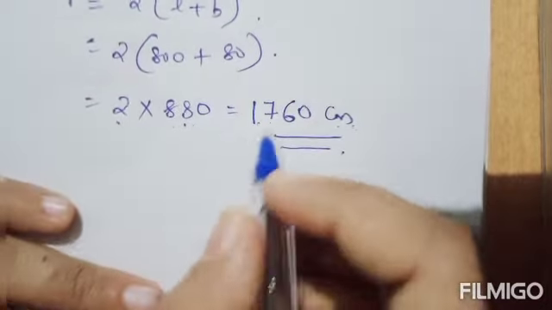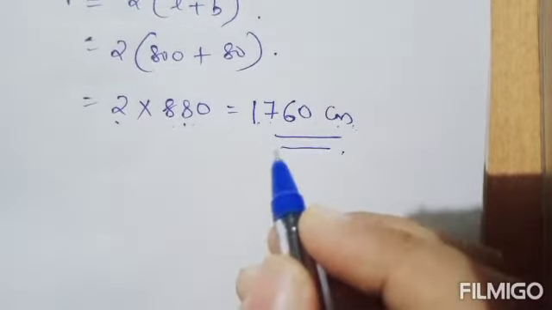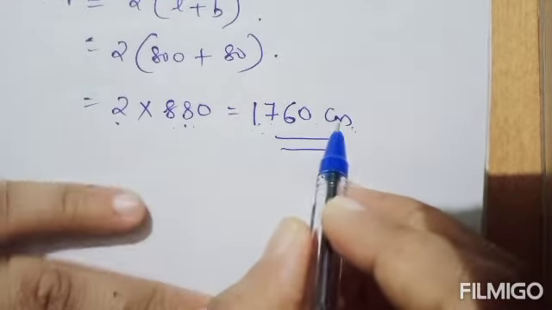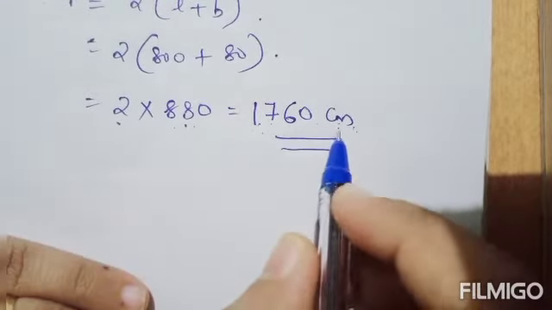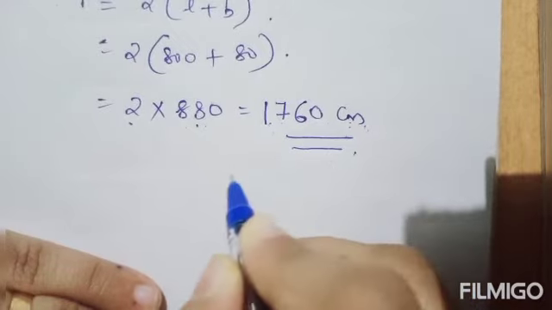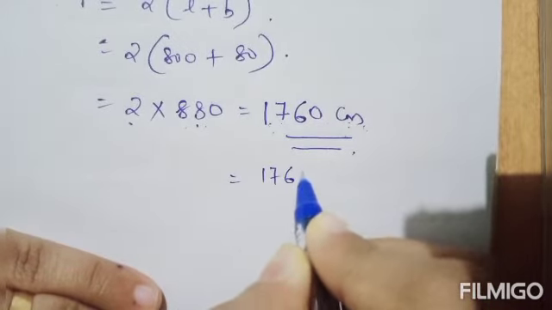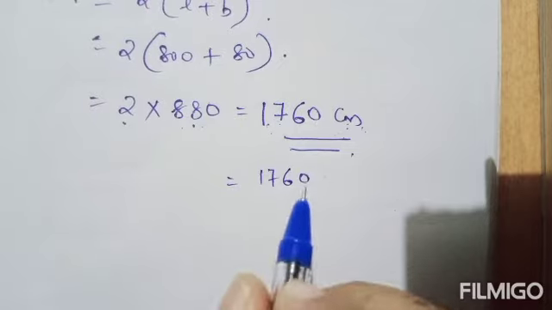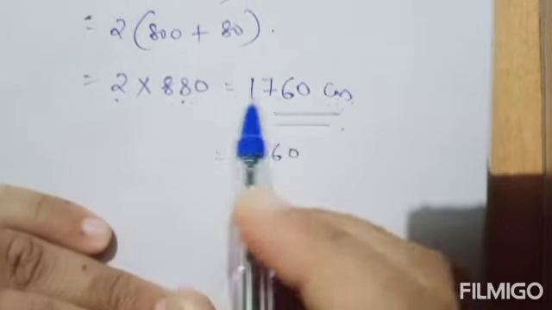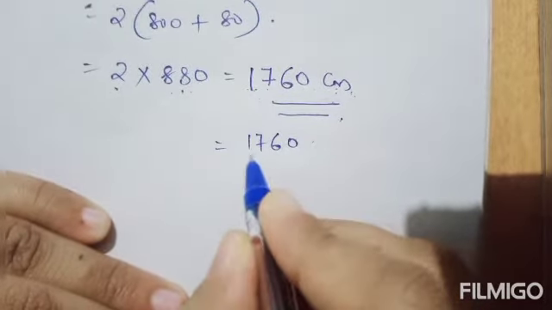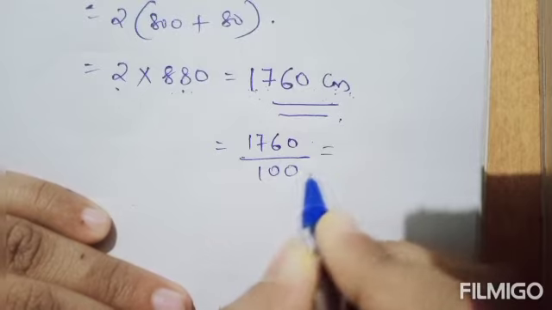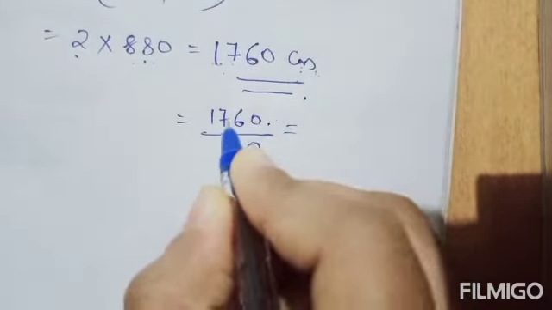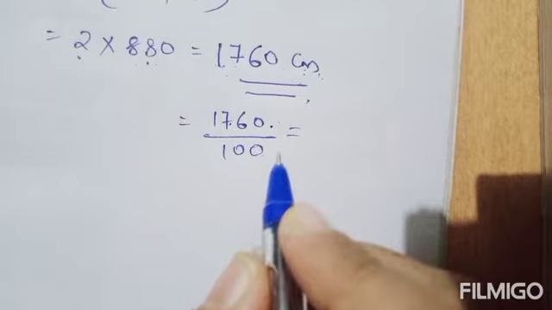Now if you are writing this in meter, you can convert this to meter. 1760 centimeter, how can you convert to meter? Just divide by 100. In order to convert centimeter to meter, we divide by 100. So 1760 centimeter divided by 100, the decimal point will move 2 places to the left.